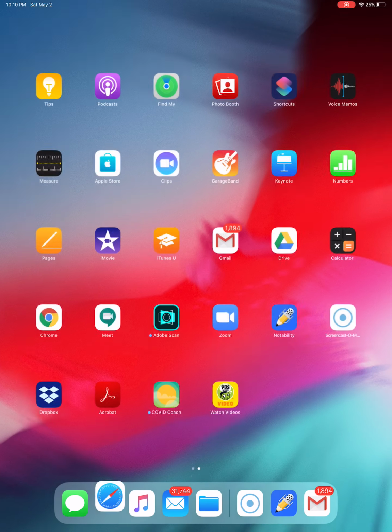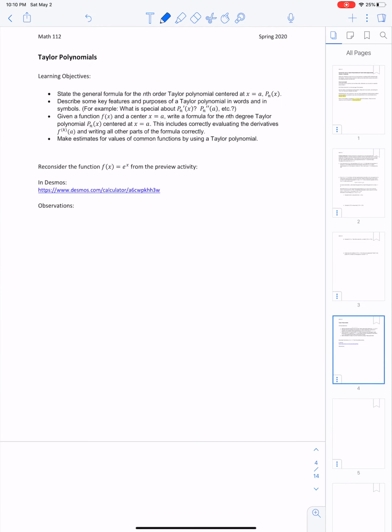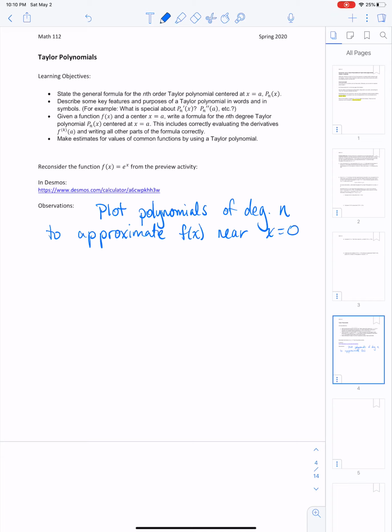Okay, so let's go ahead and summarize some of these observations. So the Desmos code plots polynomials of degree n to approximate f of x near x equals 0.